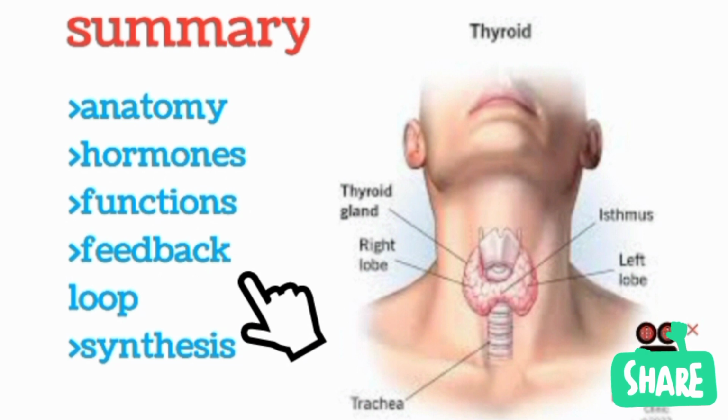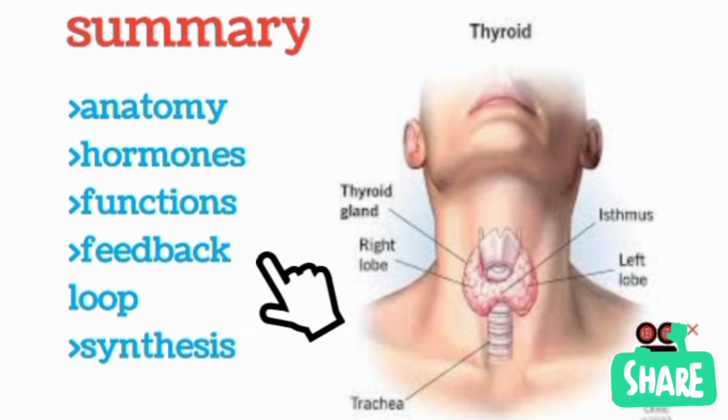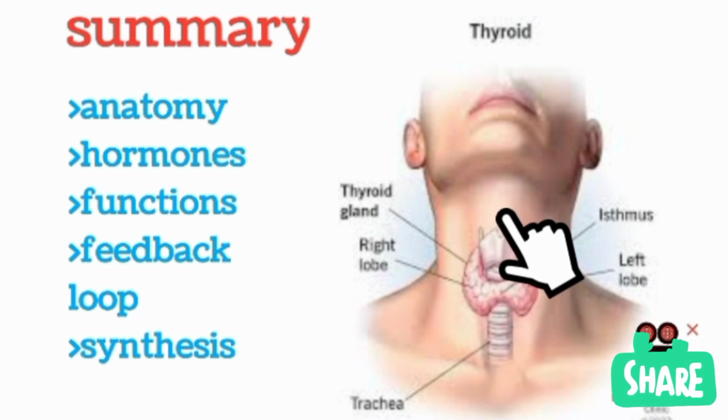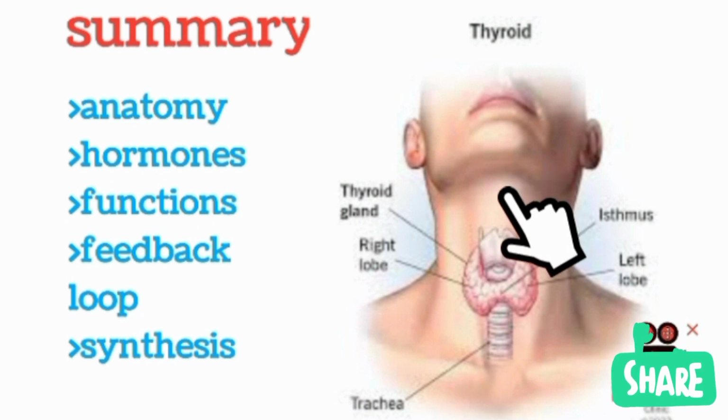Then we discussed about the feedback loop mechanism, and there we said that we have how hypothalamus drives control over the anterior pituitary by means of thyrotropin releasing hormone.